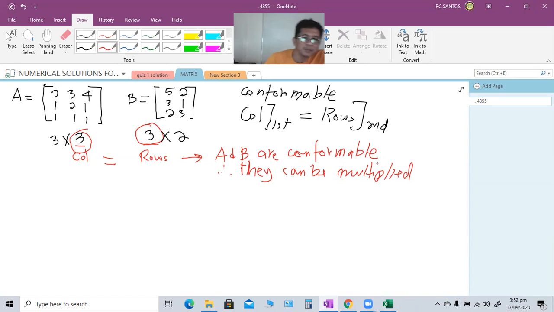Now, the logic behind this, because ito yung mga number dito. This comes from the coefficient of the variables in the equation. For example, in application, if we are determining forces in the members of the structure, may building ka.